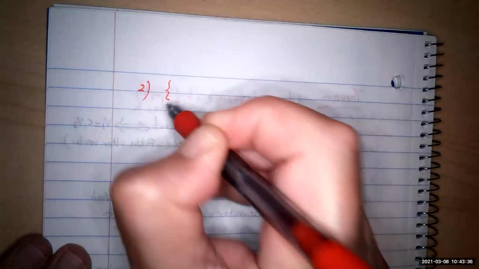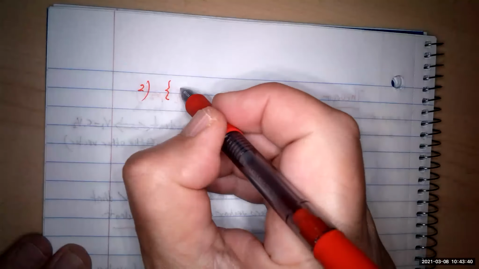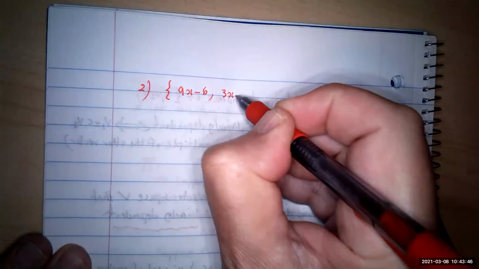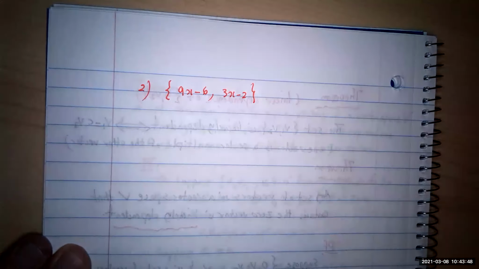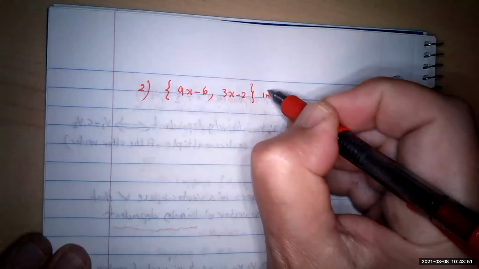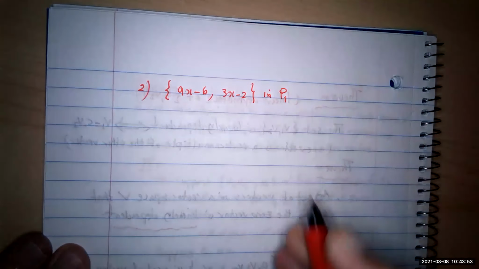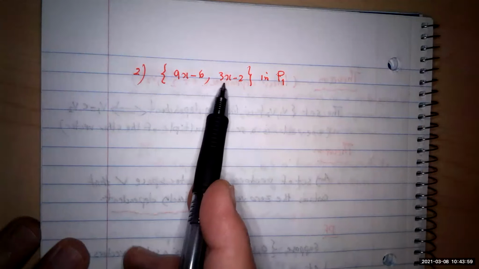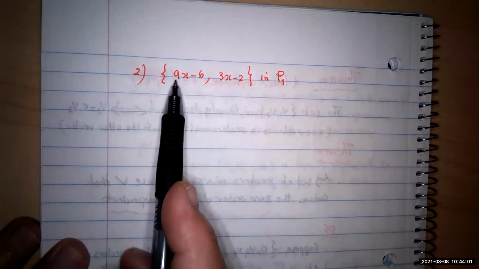I would like to give you a polynomial type. The first vector is 9x minus 6, and the second vector is 3x minus 2. These are polynomials of degree at most 1 in P1. Again, it's easily seen that if you factor out the 3, you get the other one right away.